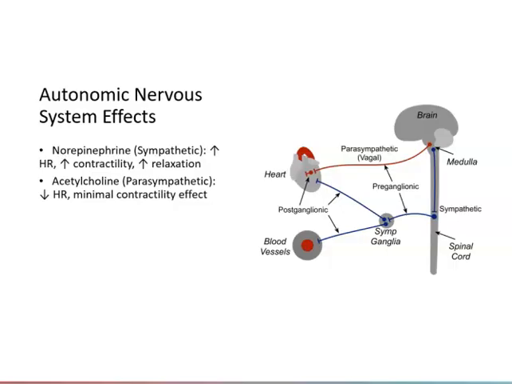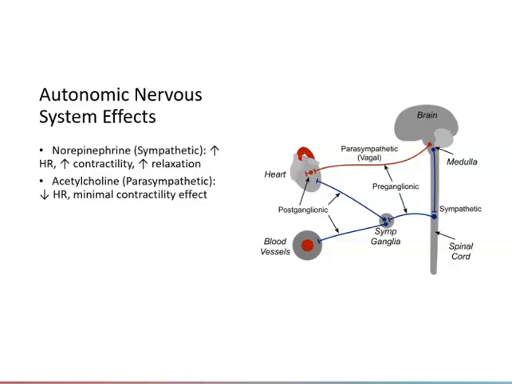Now we're going to talk a little bit about autonomic nervous system effects. The nervous system plays a pretty big role in how strong and how quick or slow the heart will beat. Norepinephrine from the sympathetic nervous system will act on beta-1 receptors, and this will speed up heart rate, which we call chronotropy.